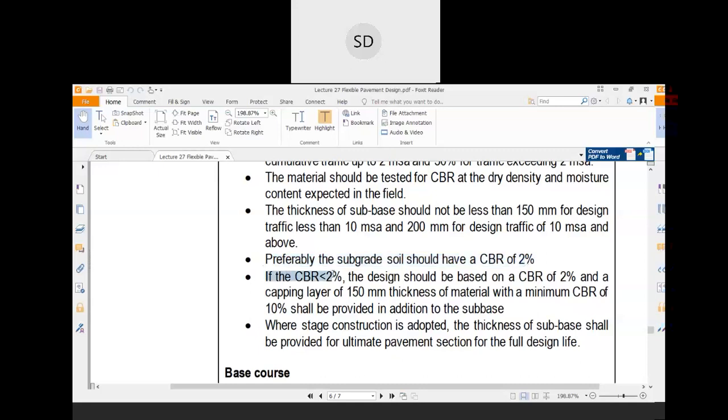If the CBR is lesser than 2%, the design should be based on a CBR of 2%, and a capping layer of 150 mm thickness of material with a minimum CBR of 10% shall be provided in addition to the subgrade. So you have to provide another layer, a compacted subgrade where the CBR value should be more than 10%.